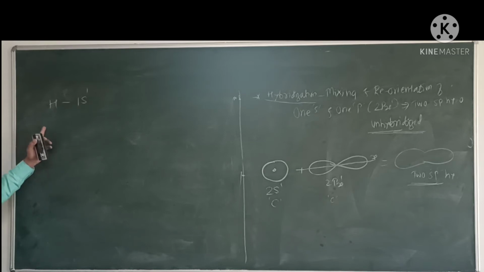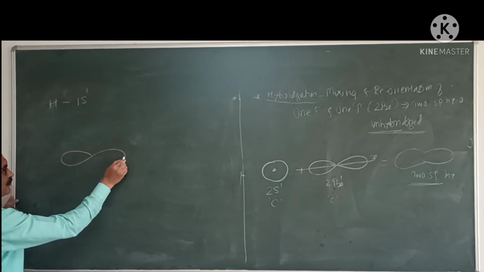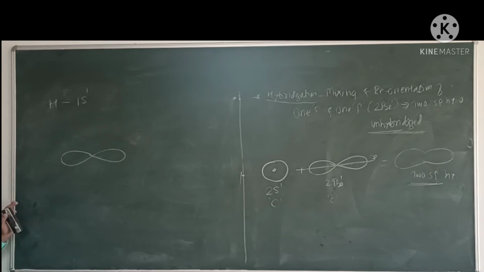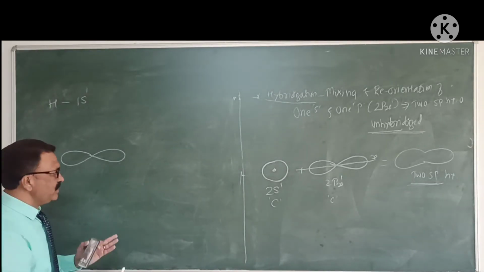During formation of the molecule, each sp hybrid orbital of both carbon atoms overlaps axially with one another.